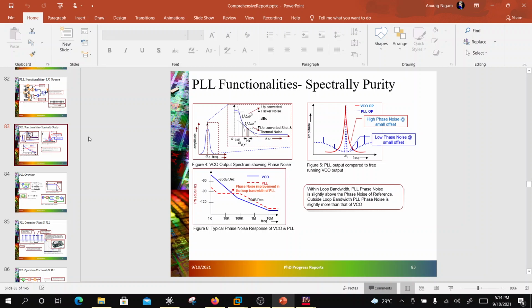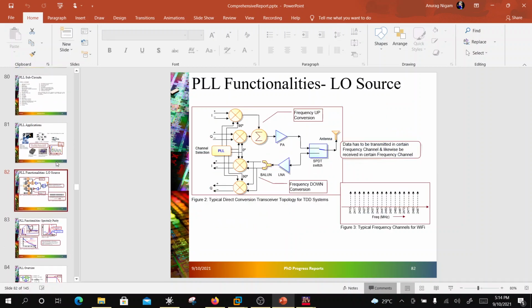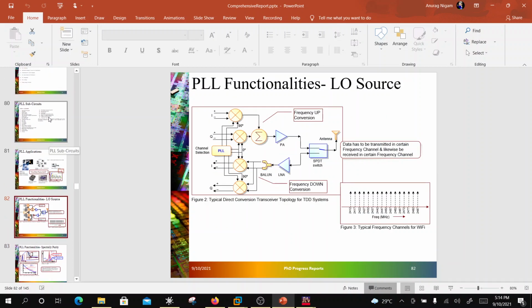So you can refer to the session in analog circuit design using ADS, right? So this is what I'm going to cover in this series.